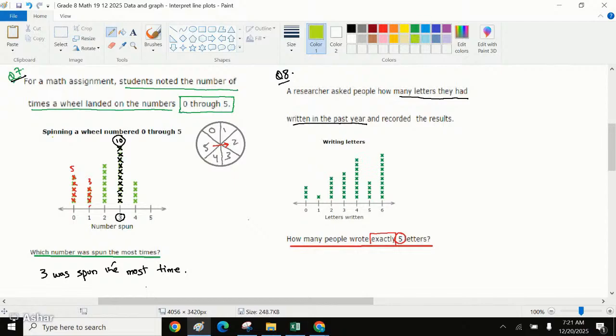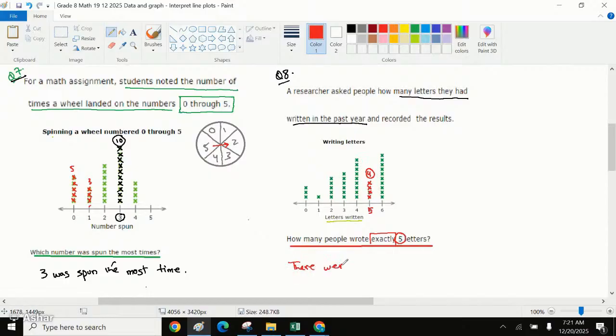On the bottom, these are the number of letters written. So can we find the 5? Can we count the number of letters? Looking at 5 letters, we count 1, 2, 3, and 4.